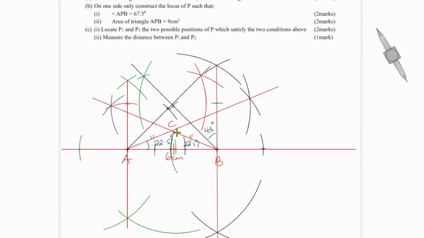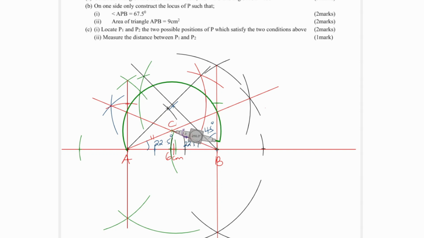So using point C as the center, we shall simply construct a circle. So that is point C. So we're going to use that one as the center. Then we just need to position the pair of compasses for it to touch either point A or B. And then from there you draw a circle.